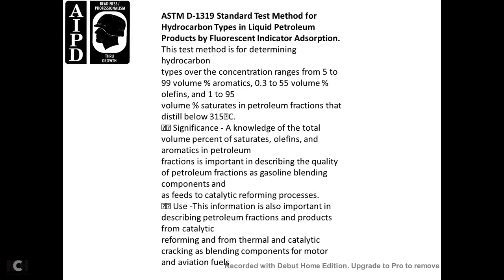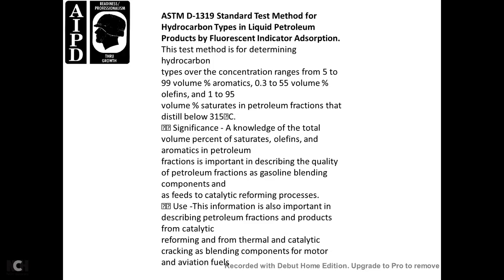ASTM D1319, standard test method for hydrocarbon types in liquid petroleum products by fluorescent indicator adsorption. The test method determines hydrocarbon types over the concentration range from 5 to 99 volume percent aromatics, 0.3 to 55 volume percent olefins, 1 to 95 volume percent saturates in petroleum fractions that distill below 315 degrees Celsius.